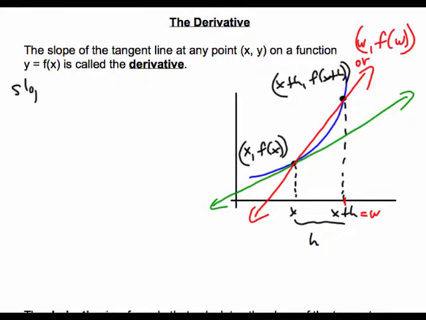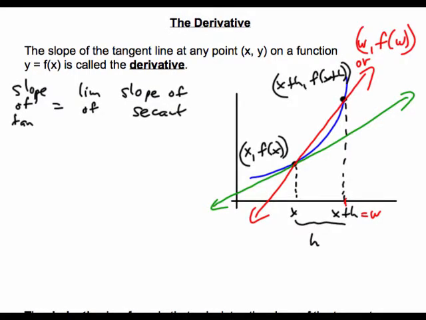Now we know that the slope of the tangent is equal to the limit of the slope of the secant. So our secant slope in red, taking the limit of that, will produce the slope of the tangent. Alright, now let's set this up, and we're going to set this up in 2 ways as I indicated, because we've got our second point labeled in 2 different ways.